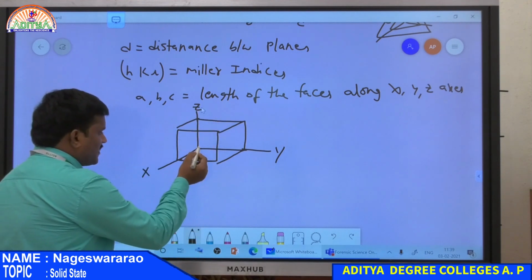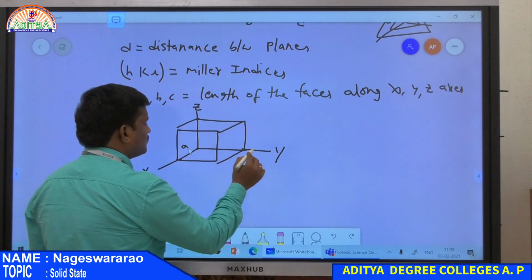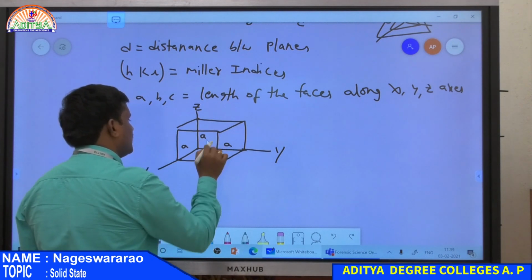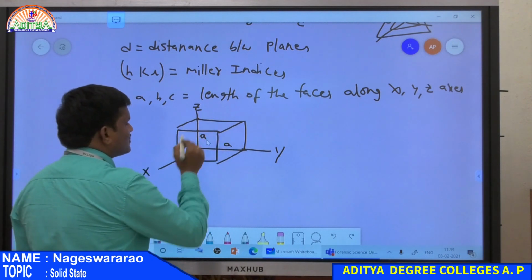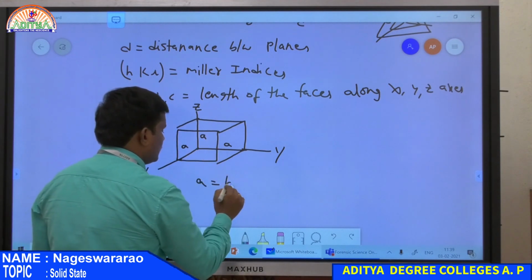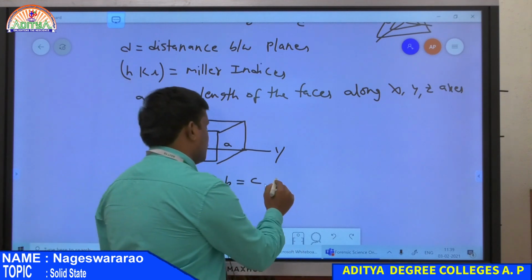The length of the face along the x axis is a, the length along y is also a, and along z is also a. It means all distances are equal. So if it is a, b and c, all are equal, so simply it is a.